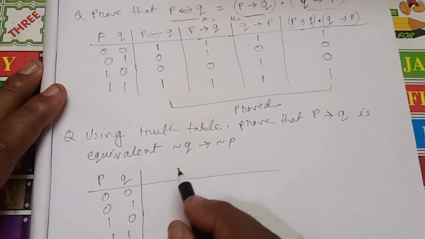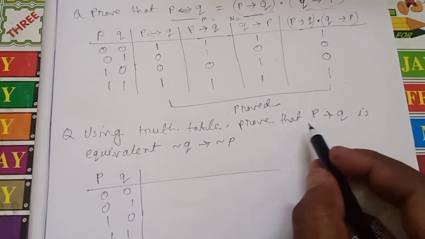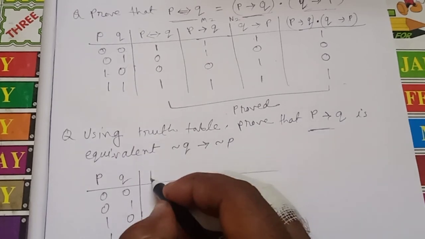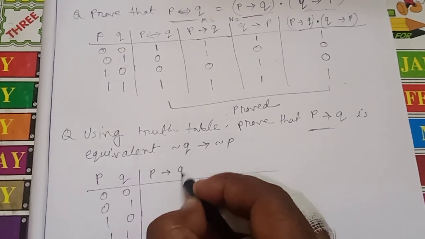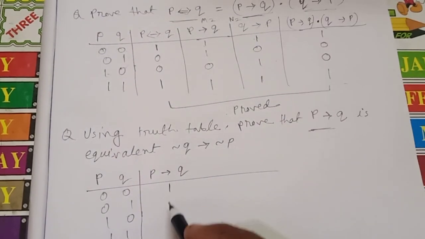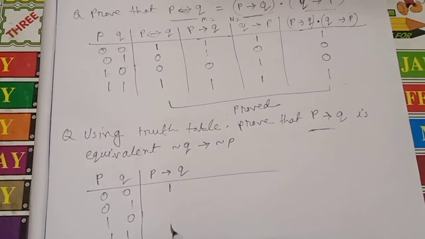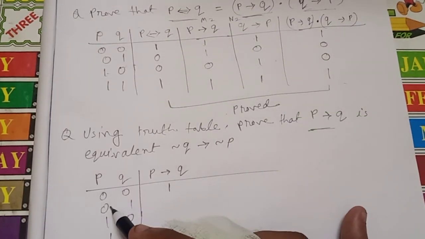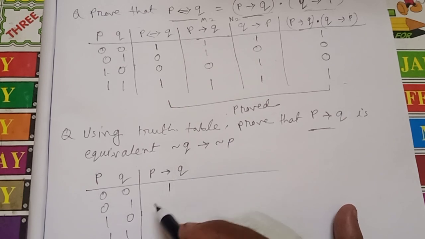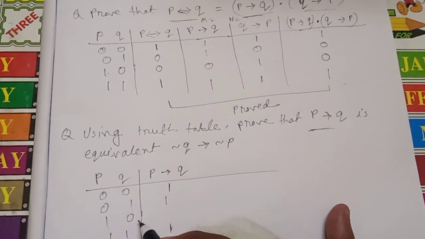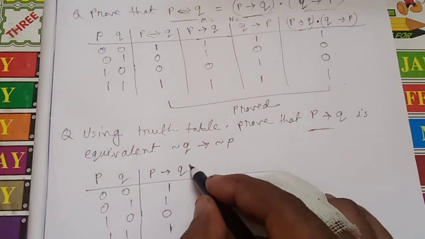After that we see the value of P arrow Q. Both are the same, we write 1; both are the same, we write 1. You can see the value changes, so we are moving to Q. Q value is 1, so 1; Q value is 0, so 0.